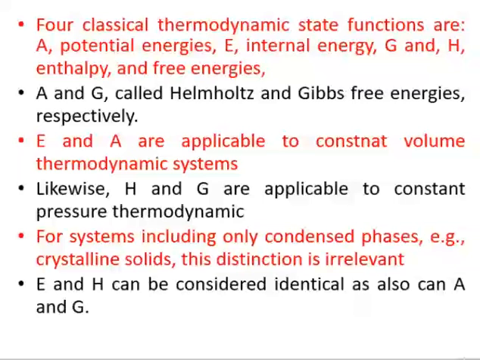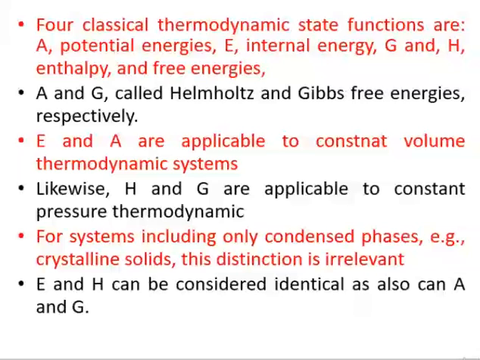And for us to be able to do this, we have some 4 classical parameters of thermodynamics, which are also sometimes called the state functions. And these 4 parameters are: number 1 is A, which stands for the potential energies.